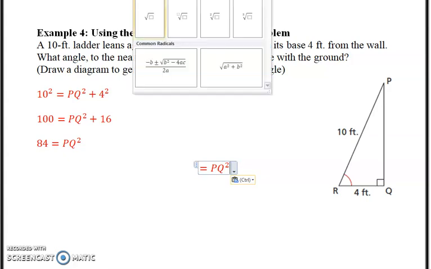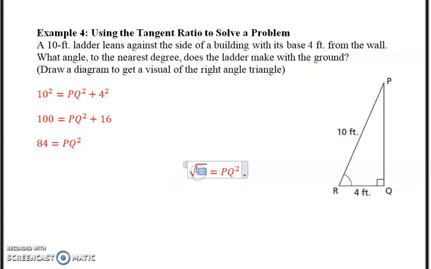So we get the square root of 84 is equal to PQ. And I'll just leave it like that. I'm going to use that square root of 84 as the opposite side.